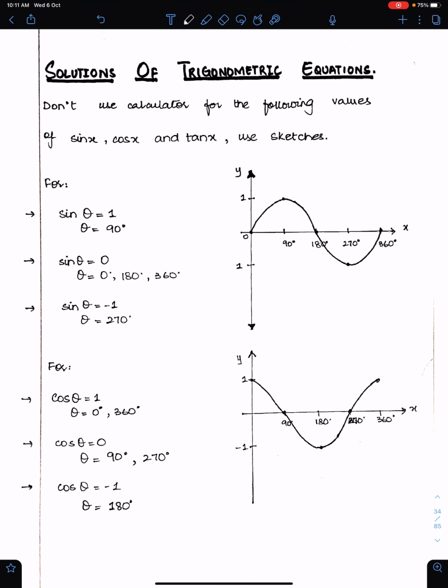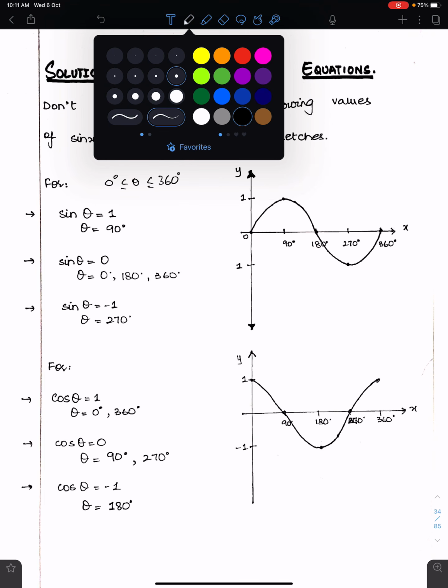And these sketches are for this domain. We are solving this equation for this domain 0 till 360.